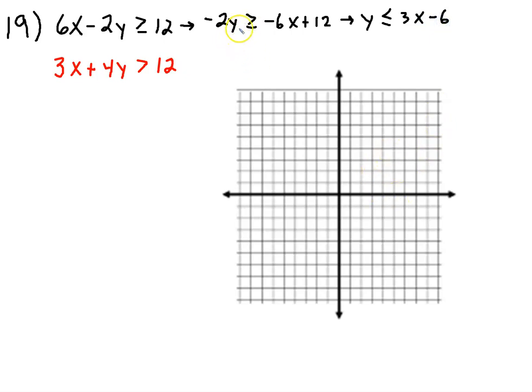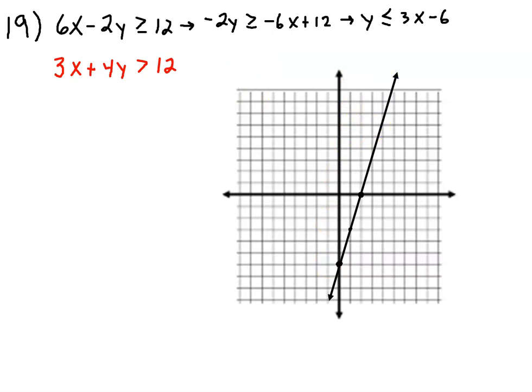Okay, so now that I've got it solved for y, I can plot the y-intercept, -6, and use a slope of +3, up 3, right 1. And it's going to be a solid line because it says or equal to. Okay, so this boundary line looks like this.